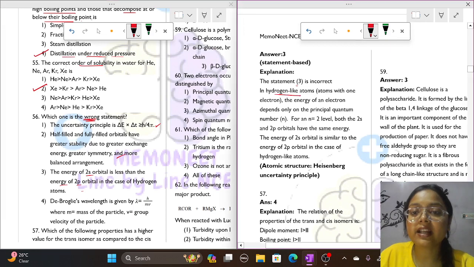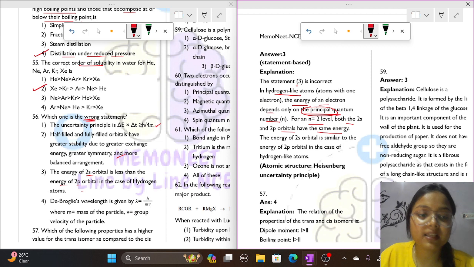Because in hydrogen-like atoms, the energy of an electron depends on the principal quantum number. So we all agree upon this, right? For hydrogen-like atoms, the energy of an electron depends upon which quantum number? The principal quantum number. Like for the n equals 2 level, both the 2p and 2s orbitals have the same energy.